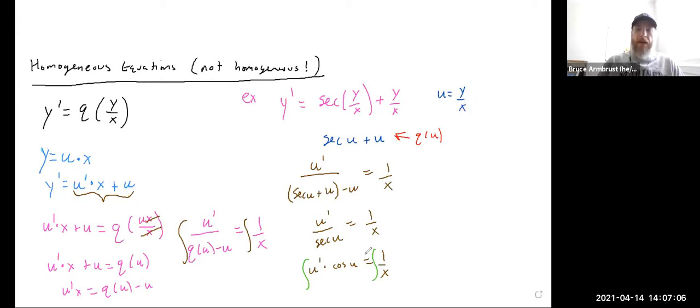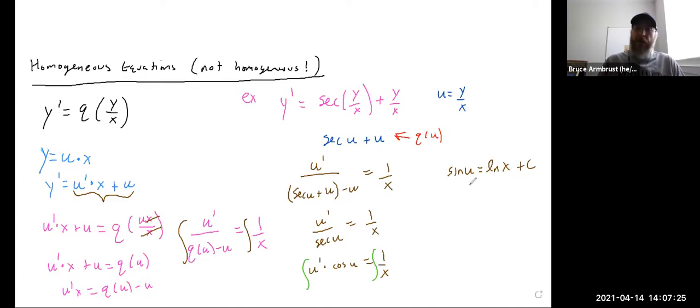All right, so the cosine of u becomes sine of u. The 1 over x becomes natural log of x plus c.